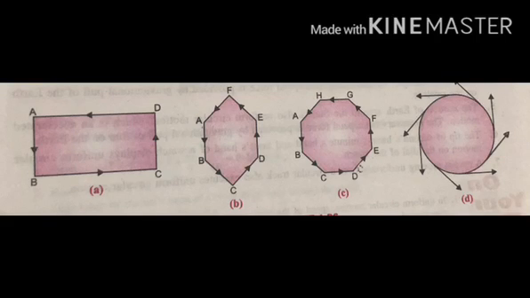It should be clearly understood that in uniform circular motion, the speed of the body is constant, but the direction of the motion of the body is changing continuously. Therefore, the velocity of the body in uniform circular motion is changing continuously. Hence, uniform circular motion is an accelerated motion.